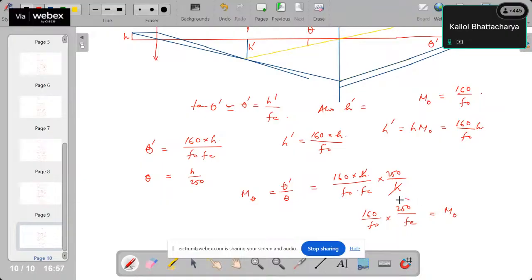And this is defined as the magnification of the eyepiece, ME. So for the eyepiece, if you have a 10x eyepiece, and someone asks you what is the focal length of this eyepiece, you have to divide 250 by 10 to get the answer. So the answer will be 25 millimeters. So this is the magnification of the objective, 160 by FO, where 160 is the tube length, and this is the magnification of the eyepiece.